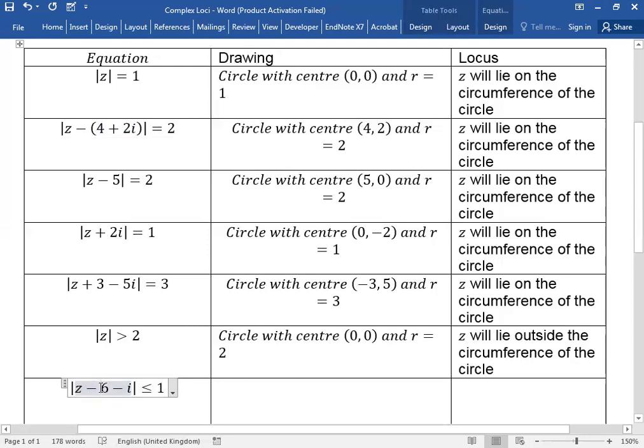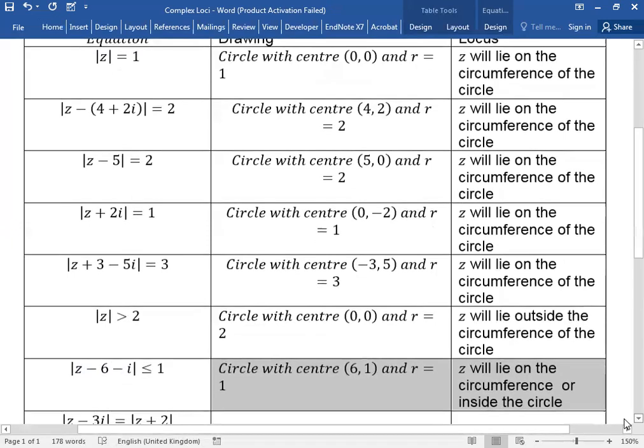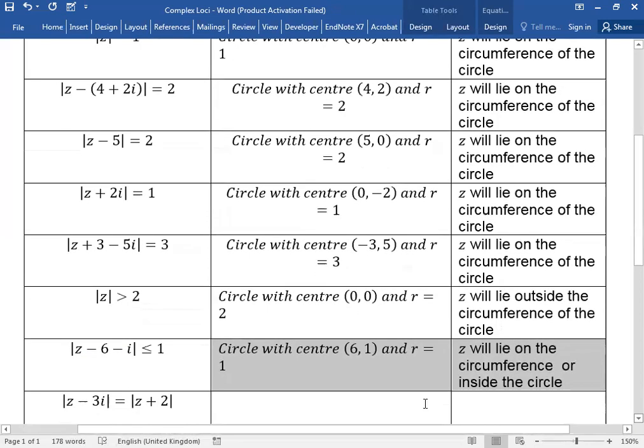So I'm trying to imply that the distance of z from 6 plus iota is 1 or less than 1. So we'll again draw a circle. Center will be 6 plus iota and the radius will be 1. Now, where will z lie? z will lie on the circumference or inside the circumference.